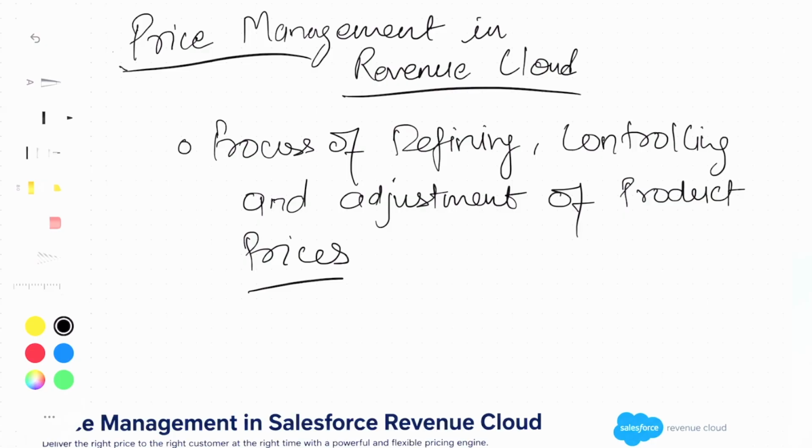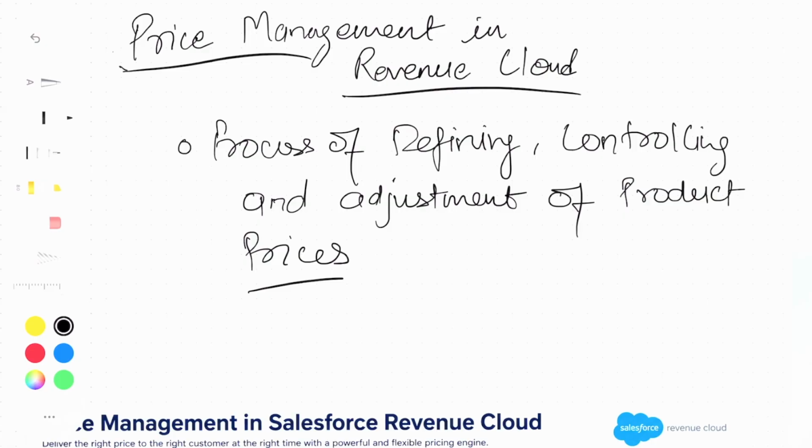Prices. Meaning, whenever we are working on a product in Revenue Cloud, we definitely need to work on the prices. Why? Because we have sales users, and those sales users have to work on different types of pricing. For different customers they work on different types of pricing.